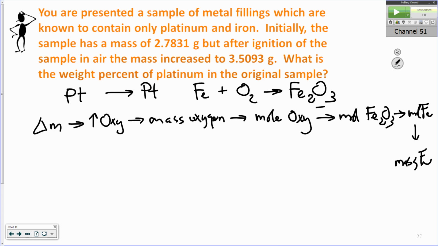The question asks, what's the weight percent of the platinum? But we're going to have to get there the back way. We're going to find the weight percent of the iron and subtract to get the platinum.